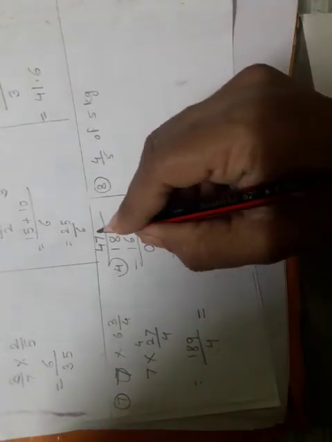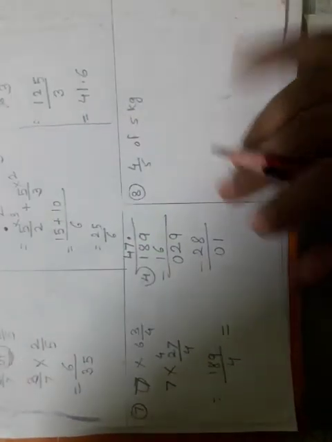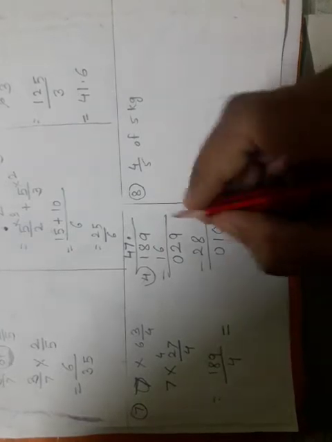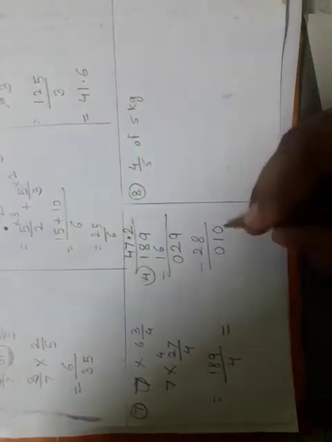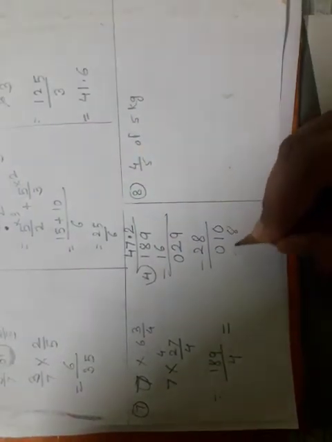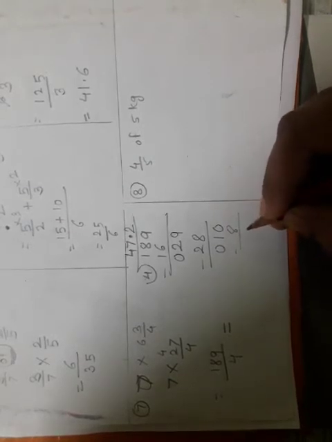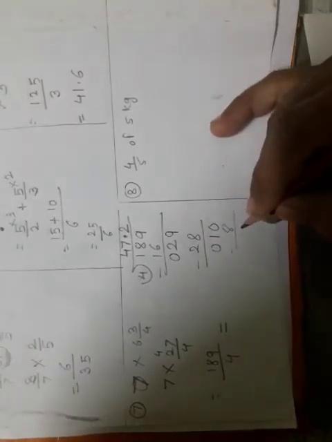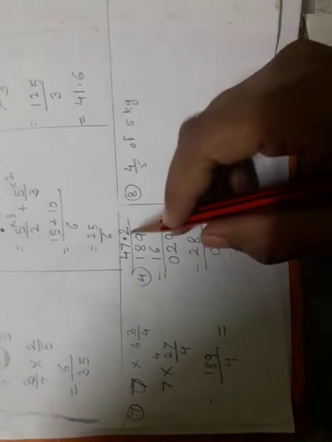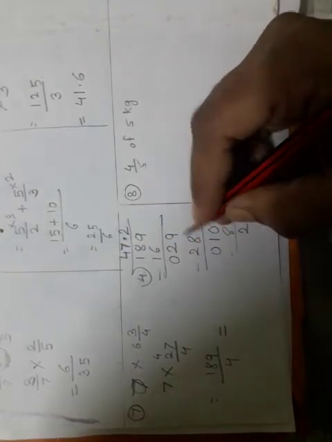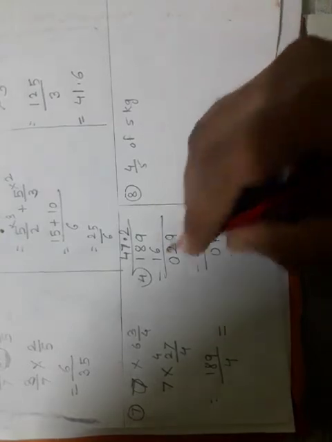And take here one decimal point and take 0. 4 2s are 8. Then 10 minus 8 is equal to 2. Or you can write it as 47 integer 1 by 4.